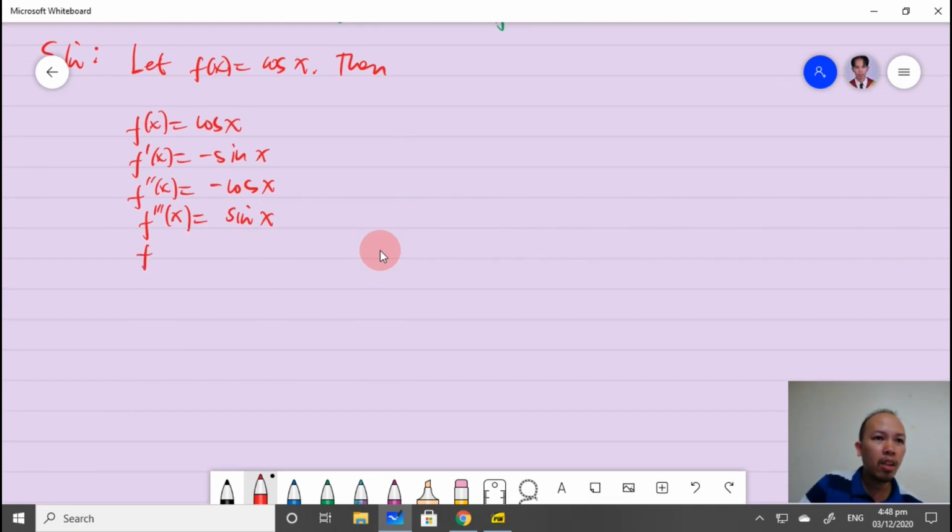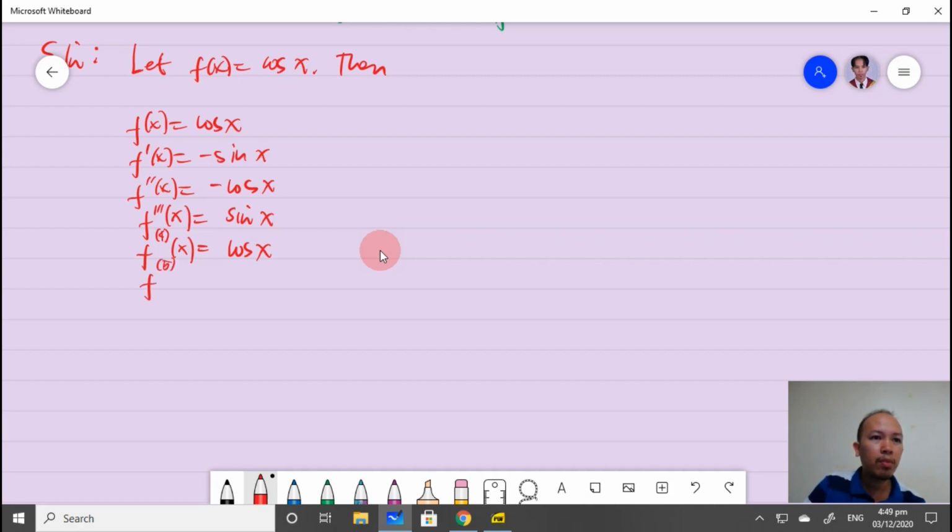Again, our notation here, we will use f raised to the power, in parentheses, of 4. We will use now the notation that we discussed earlier. The derivative of sine is positive cosine. So after the fourth, 1, 2, 3, 4, we go back to the original function.